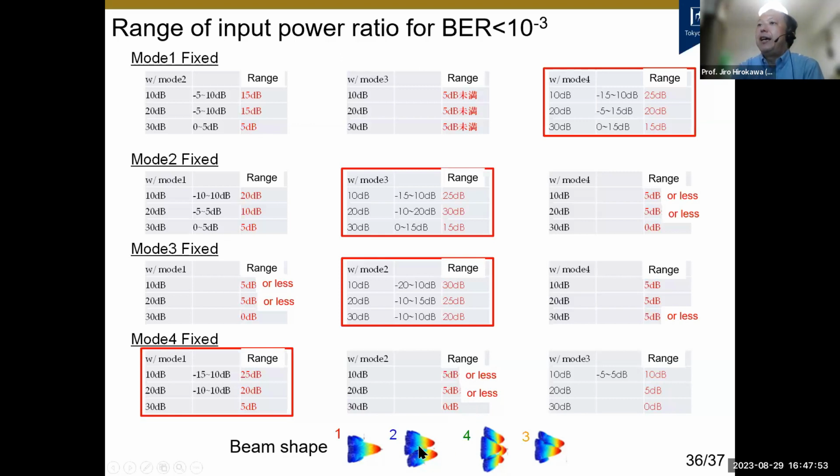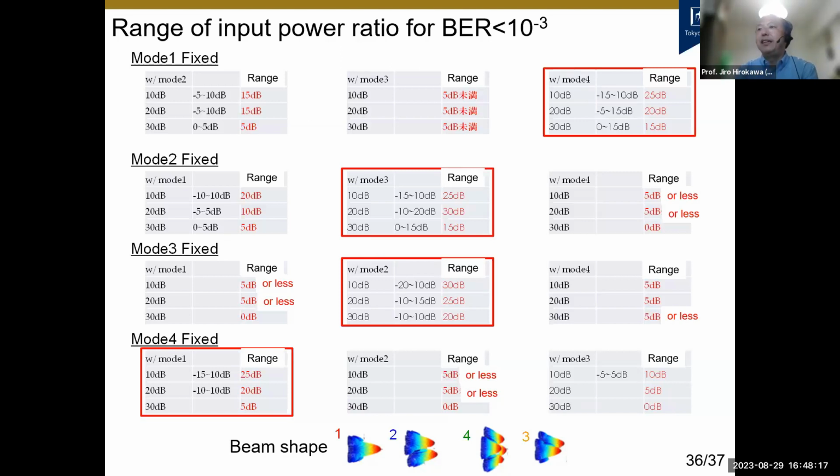Similarly, mode 2 and mode 3 is another good combination. For mode 2 and mode 3 also, we have a wide range of the input power ratio for BER less than 0.001.